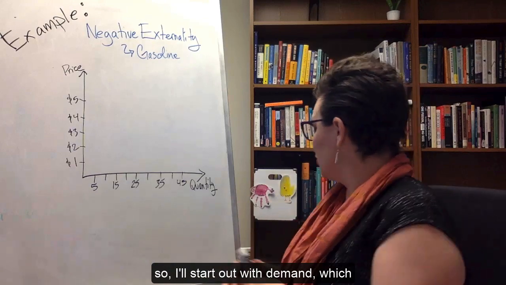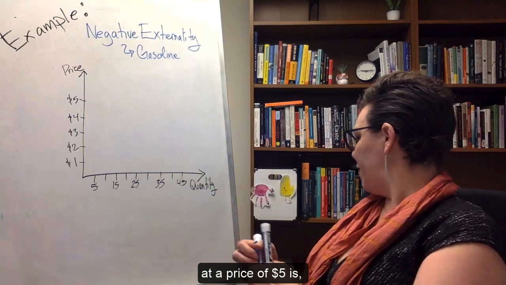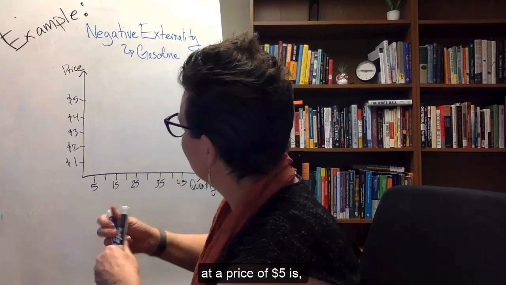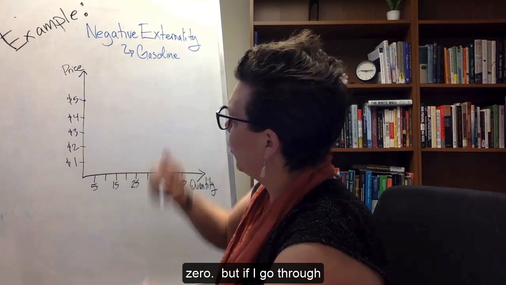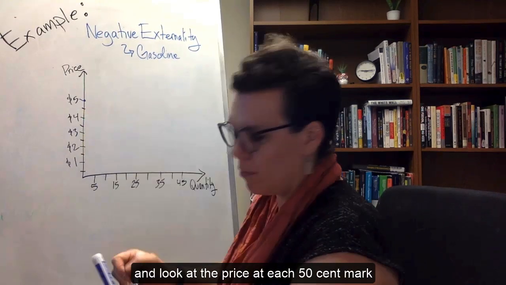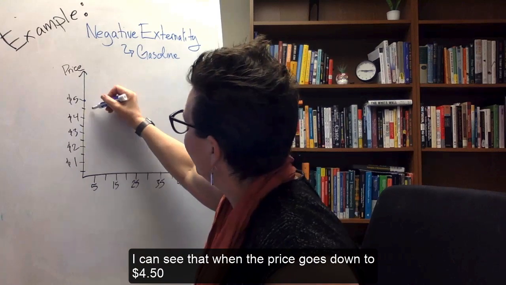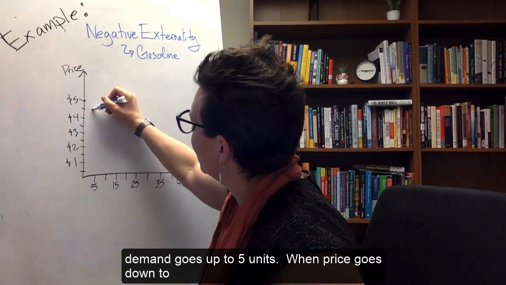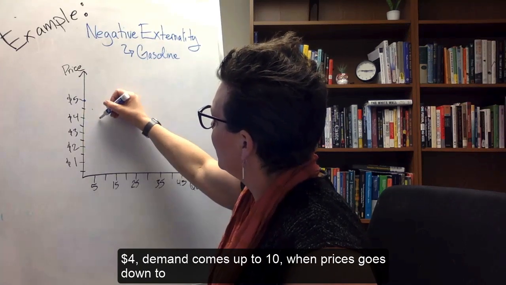So I'll start out with demand, which at a price of $5 is 0. But if I go through and look at the price at each 50-cent mark, I can see that when the price goes down to $4.50, demand goes up to 5 units. When price goes down to 4, demand comes up to 10.